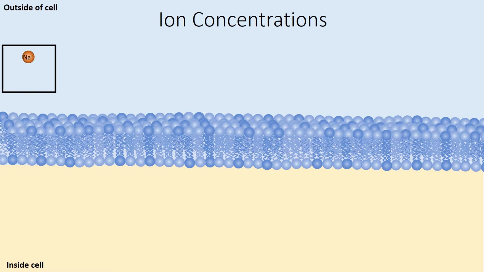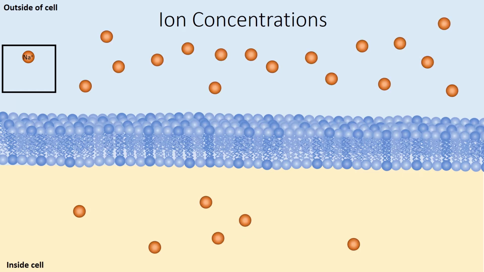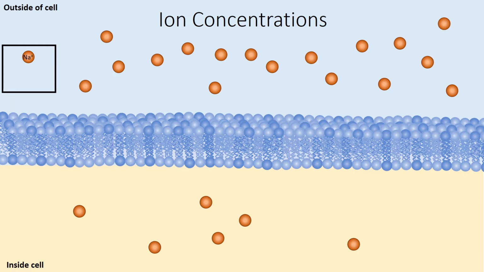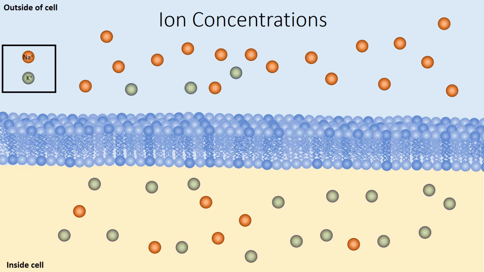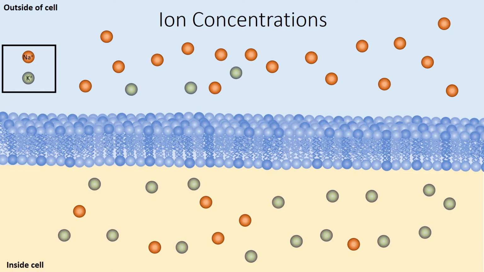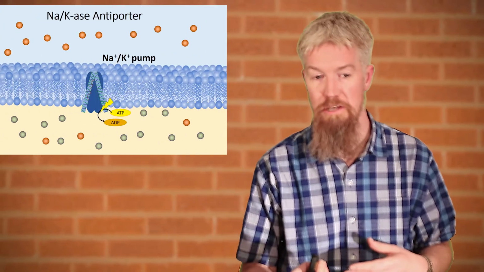Recall that ions such as sodium are going to typically be found more outside the cell than inside the cell, at much higher concentrations. By contrast, potassium will be found more inside the cell relative to outside. The main reason for this is the presence of the sodium-potassium pump.